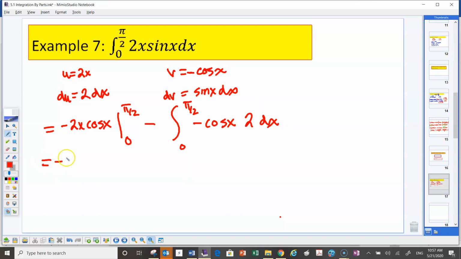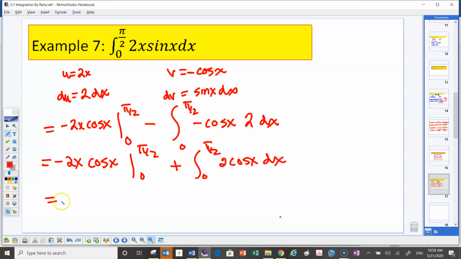So cleaning this up a little bit, I get negative 2x cos x going from 0 to pi over 2. The double negatives become positive. The integral from 0 to pi by 2, and you could bring the 2 out front or leave it inside, it really doesn't matter. So now, before I substitute, I'm just going to integrate that last part.